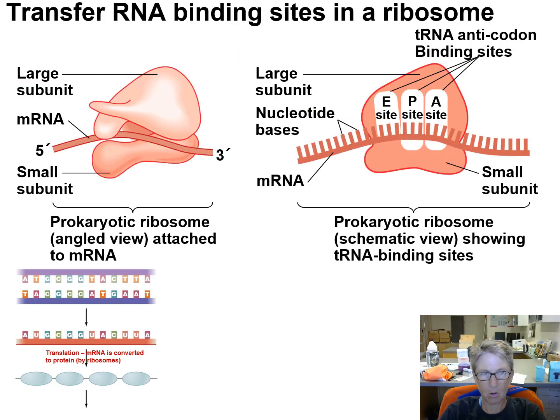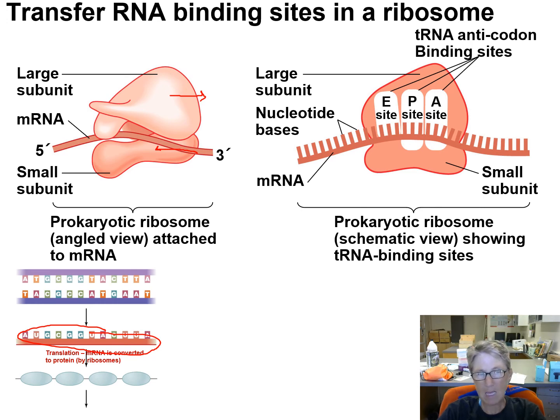Okay, so here's the ribosome. Now remember, the messenger RNA gets read on the ribosome, or translated. So if we look down here, here's our messenger RNA. The ribosome's going to move this way, and the messenger RNA is going to move this way.